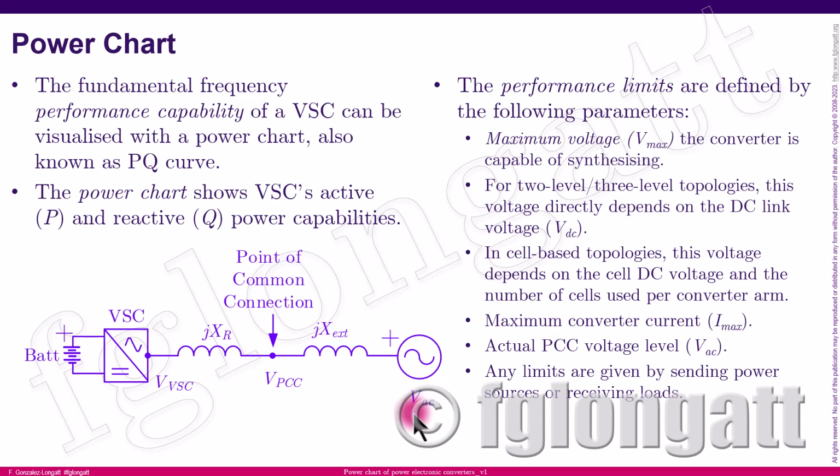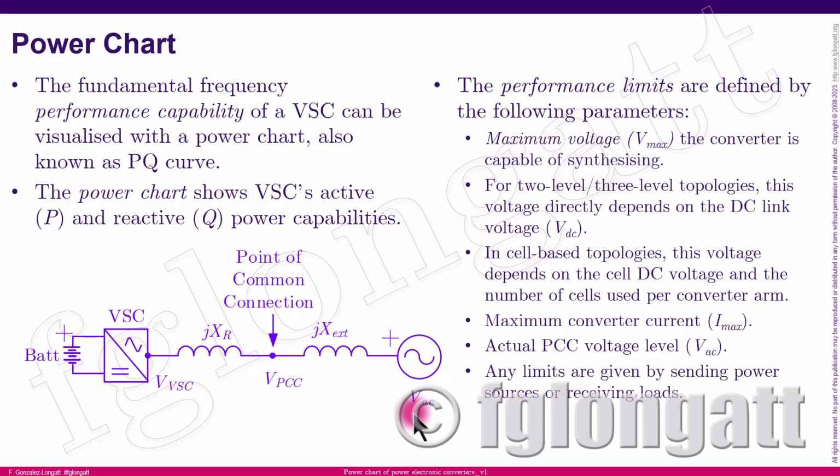In a very general way, you must understand that the maximum voltage that the voltage source converter is able to produce depends on the topology of the switching devices and also the modulation technique. For the case of two-level and three-level topologies, this voltage is directly related to the DC voltage.